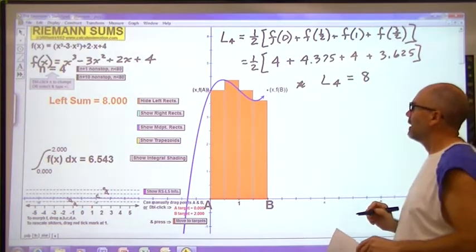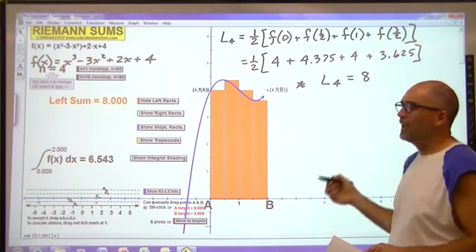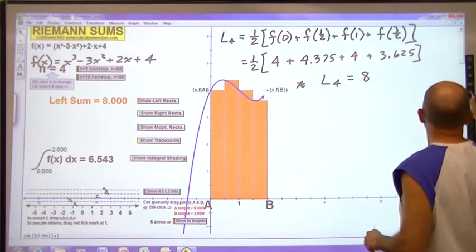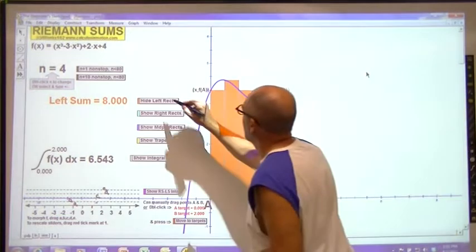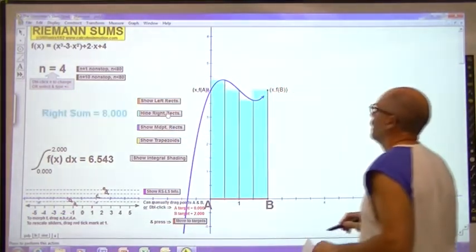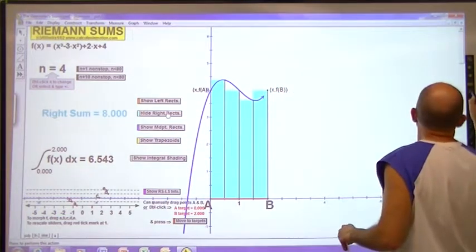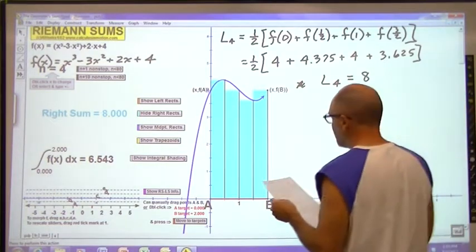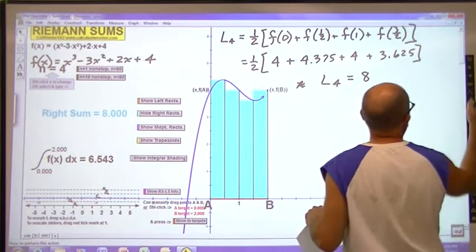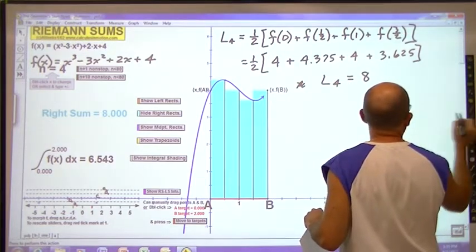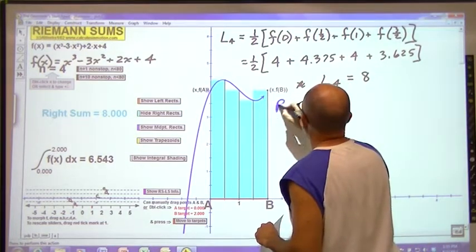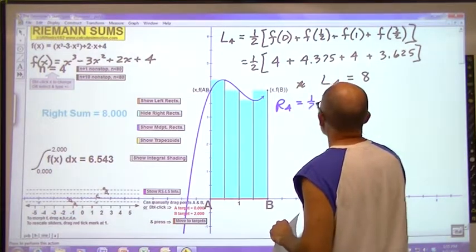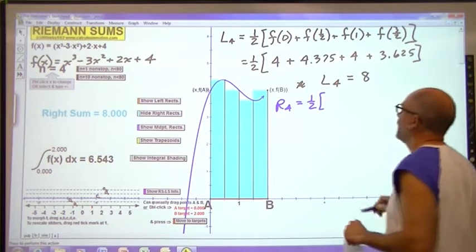Okay, now let's do 4 right-handed rectangles. All right, now, notice with the right-handed rectangles, R sub 4 equals, once again, each rectangle is 1/2 wide.